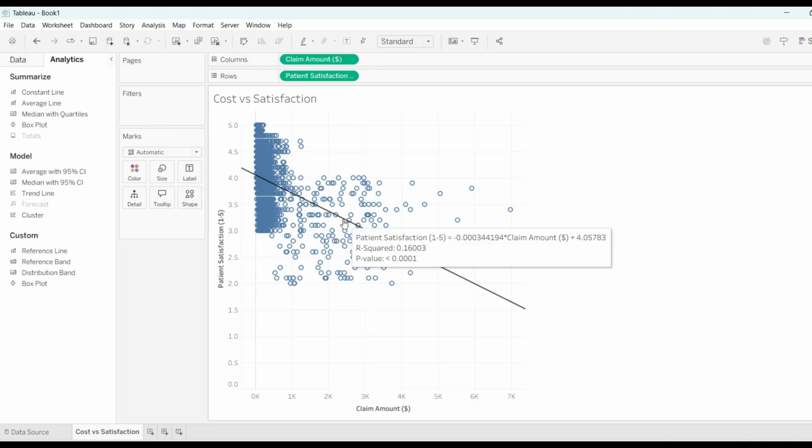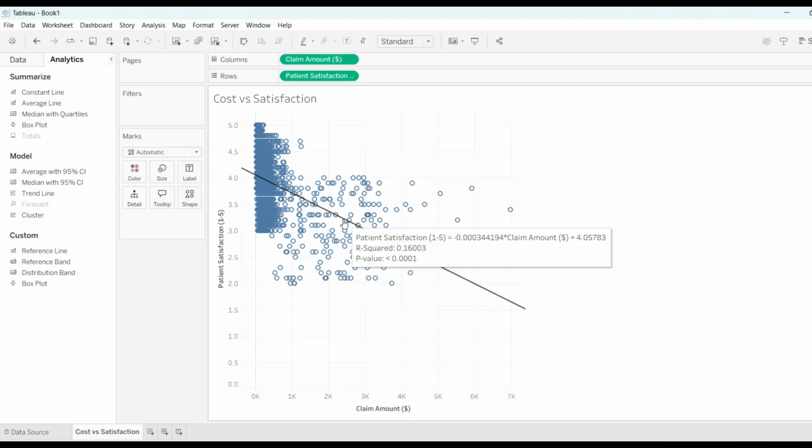And an R squared of 0.16 means claim cost explains about 16% of why patients rate their satisfaction in the way that they do. The other 84% is driven by things that are not in this model, like wait time, staff behavior, facility, the diagnosis, and even personal expectations.